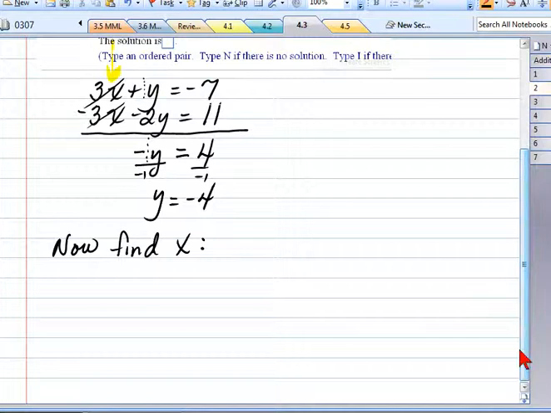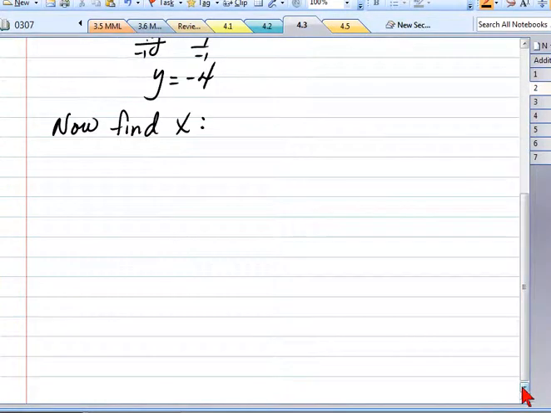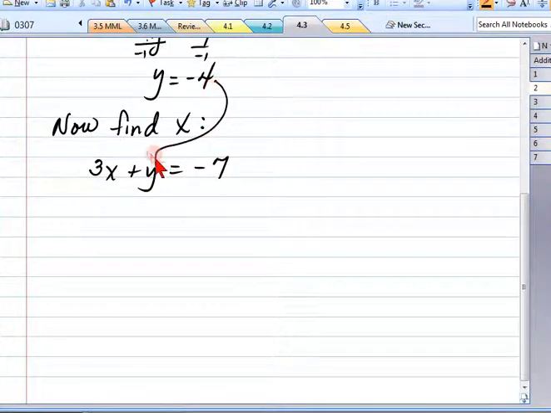So I choose 3x plus y is equal to negative 7. And I'm going to take negative 4 and put it in the place of y. So I have 3x minus 4 is negative 7.